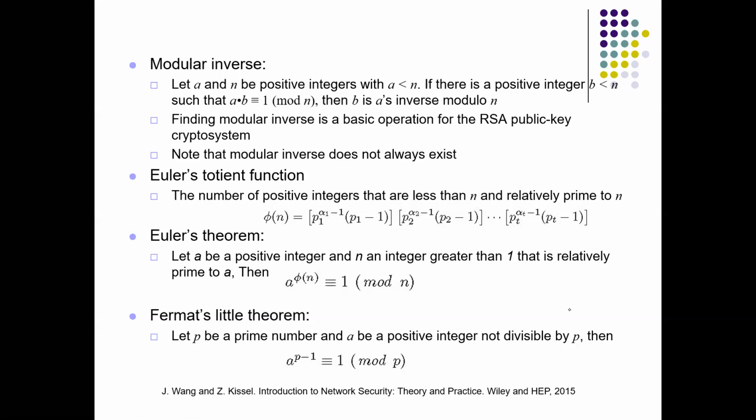But for encryption, if we use modular product, then the decryption should be the inverse modular operation. So then we want to know when the inverse exists. So first, we define what inverse means. Okay, so let me start annotation.